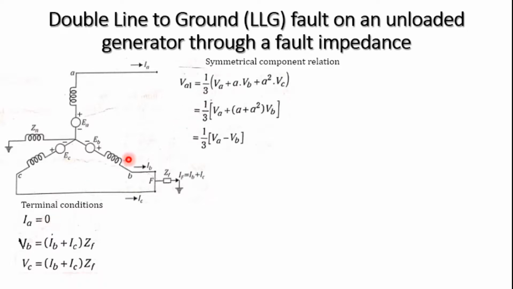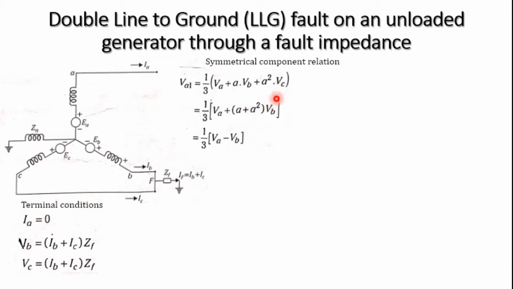Consider that Va1 is equal to 1 by 3 times Va plus a Vb plus a² Vc. Substitute that, because Vb is equal to Vc, since the drop across the impedance is the same for Vb and Vc. Consider that Vc is equal to Vb.